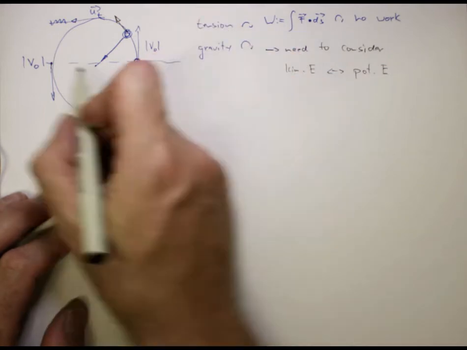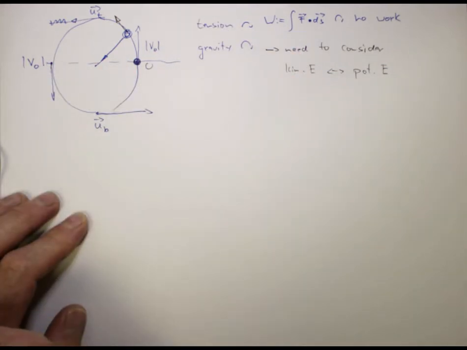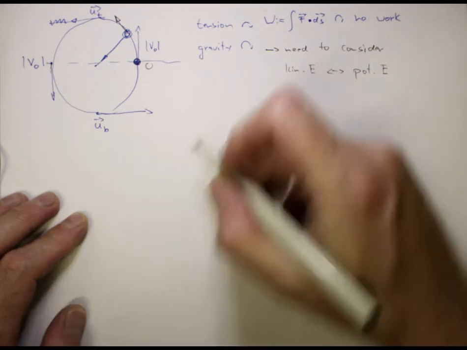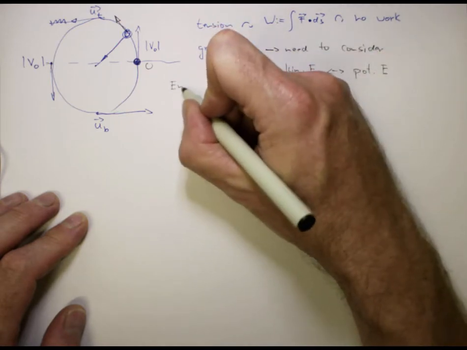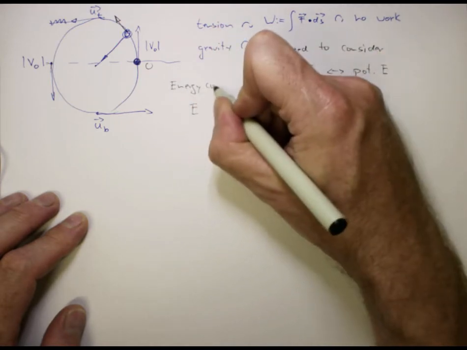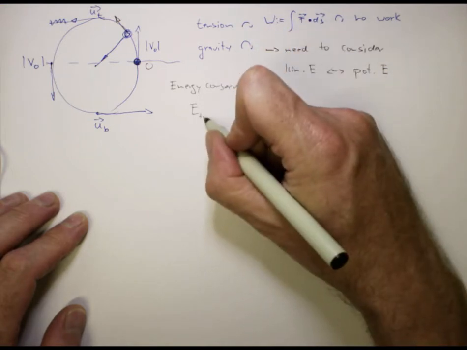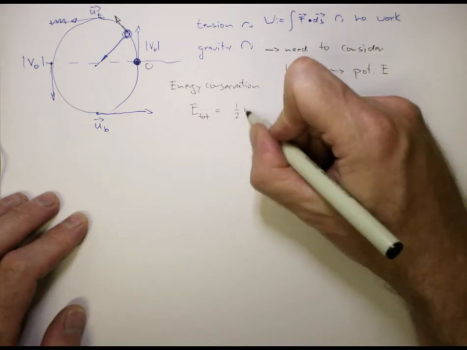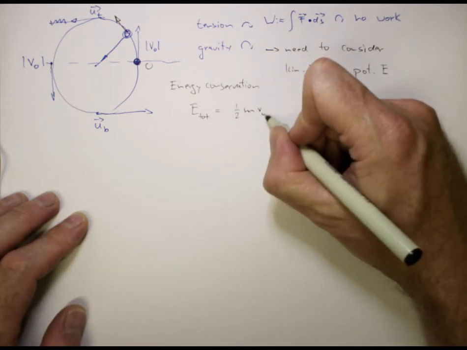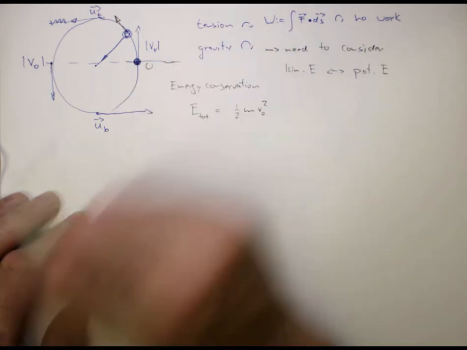Now, if we start our consideration at our zero line, where we might define a potential energy of zero, then the energy that has to be conserved, so we're applying energy conservation, is entirely given by 1/2 m v0 squared, because by definition our potential energy at this point is zero.